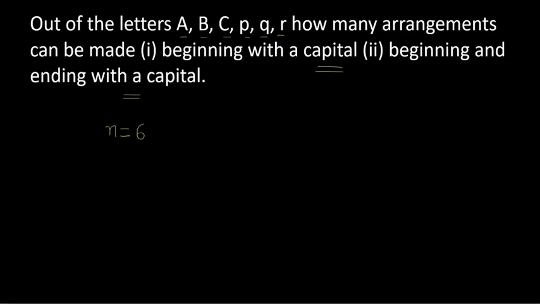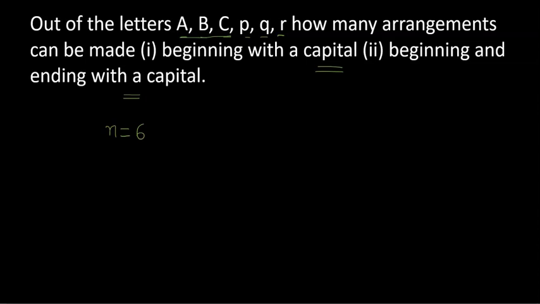Now it says beginning with a capital. That means the first place is always fixed with a capital. I can choose the letter to begin with out of these three capital letters A, B, C, so that can be selected in 3P1 ways.